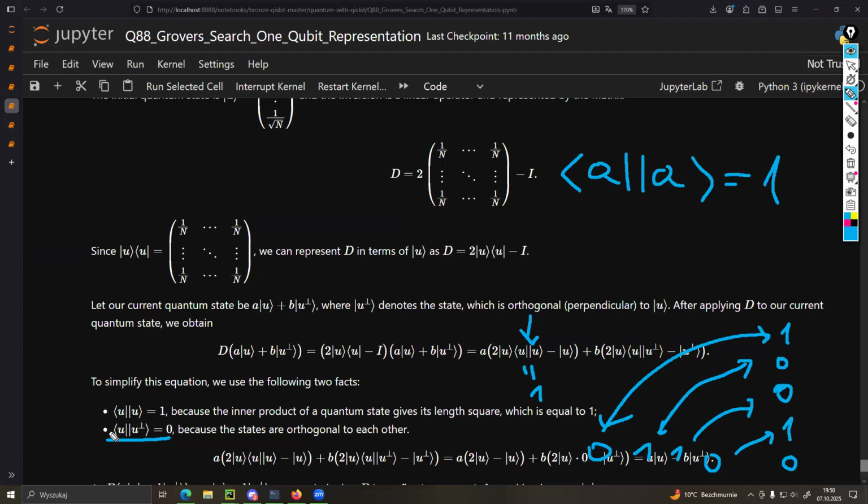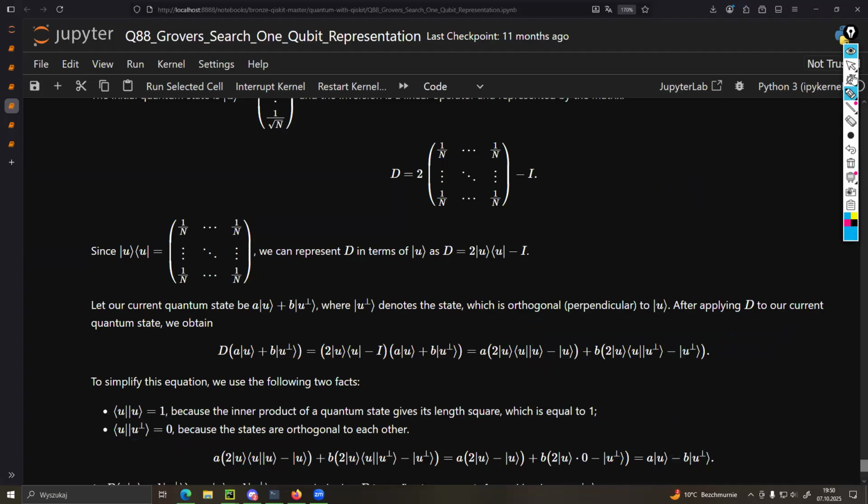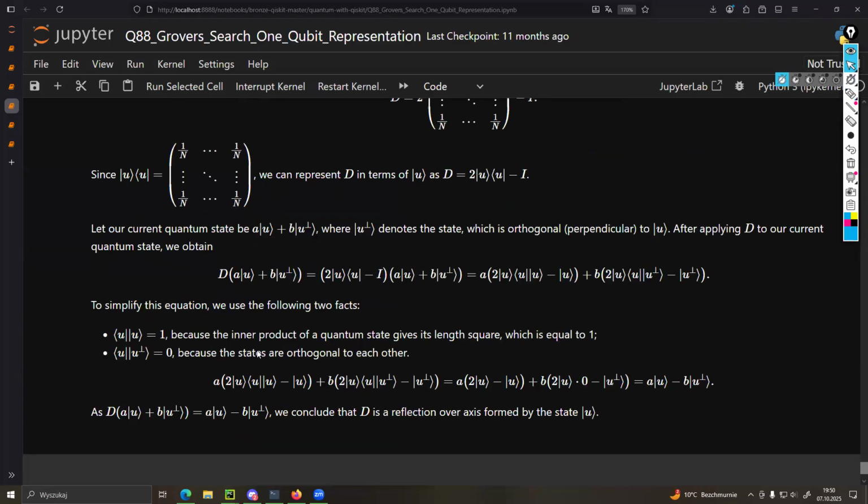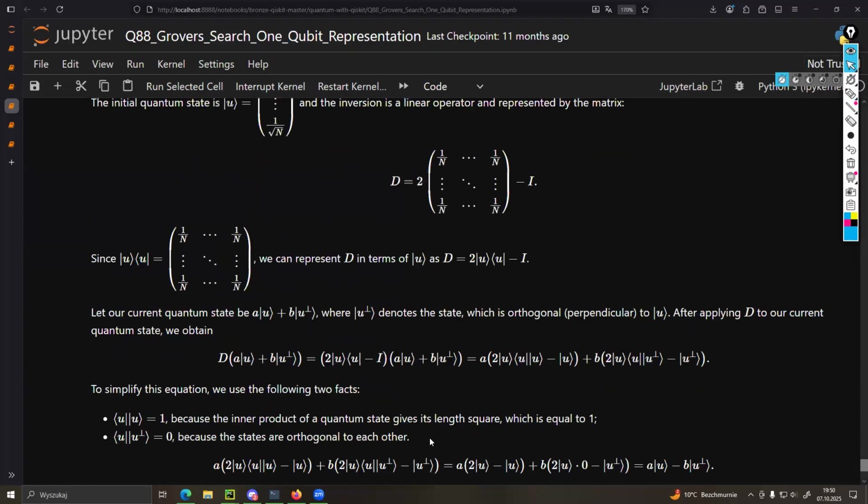So that is why you also have this shorthand notation for these operations here. That's a little explanation about what the notation in this notebook means for you, so you won't get lost.